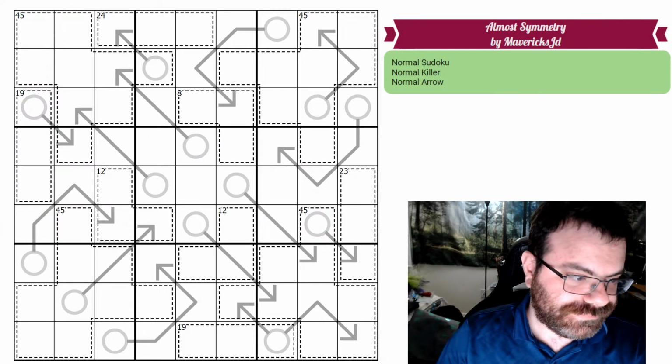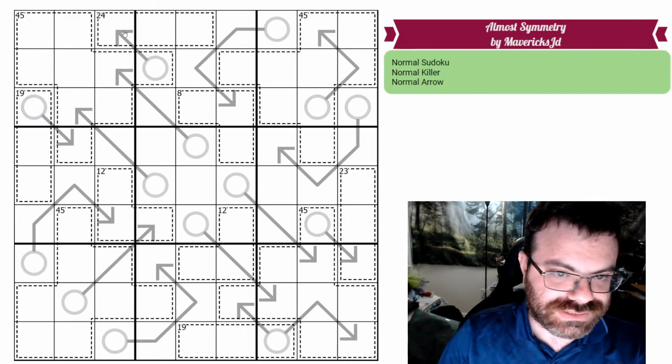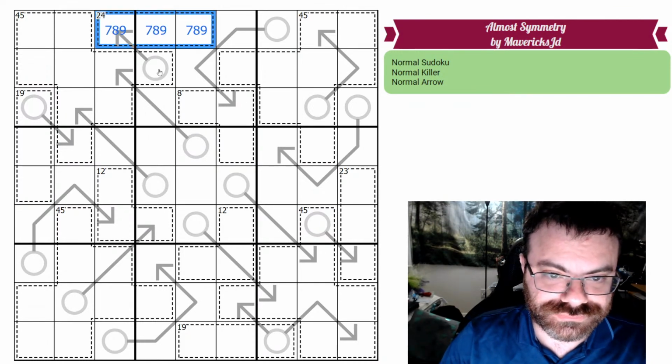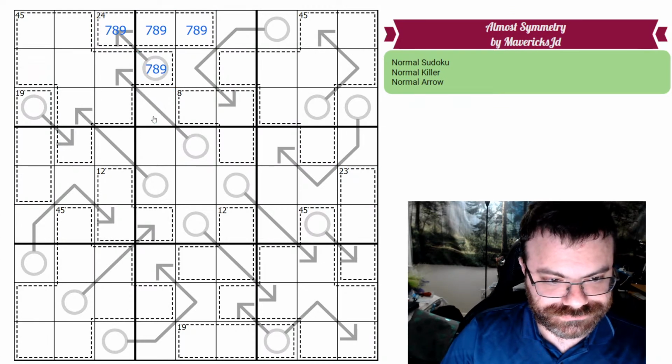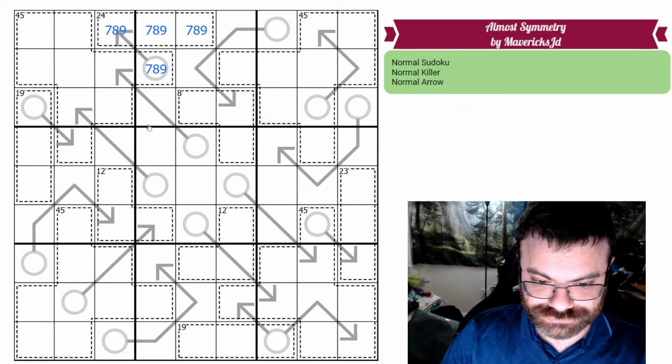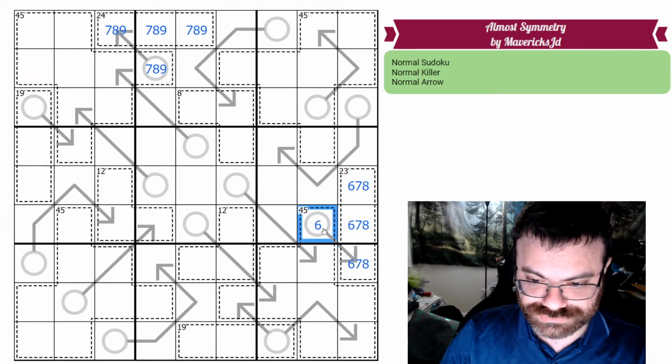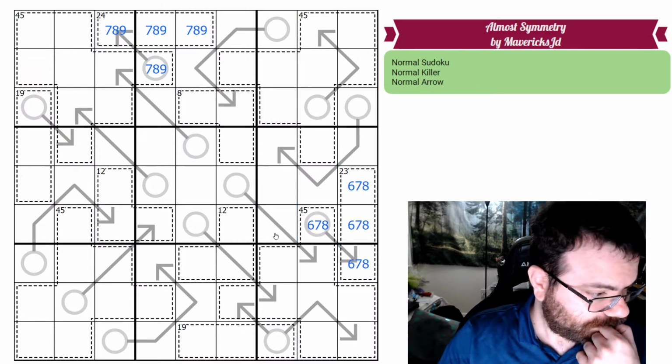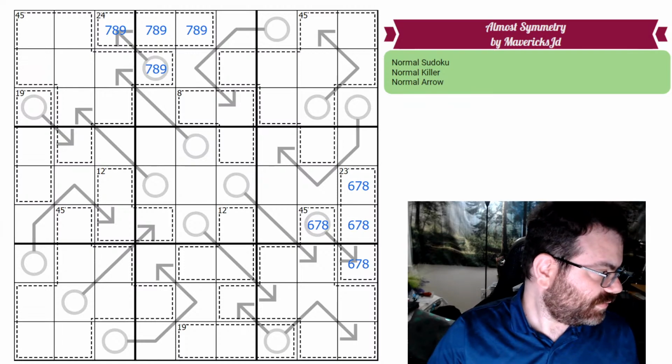24 and 3 is 7, 8, 9. Looking for... This is 6, 8, 9. Oh, links. Forgot.